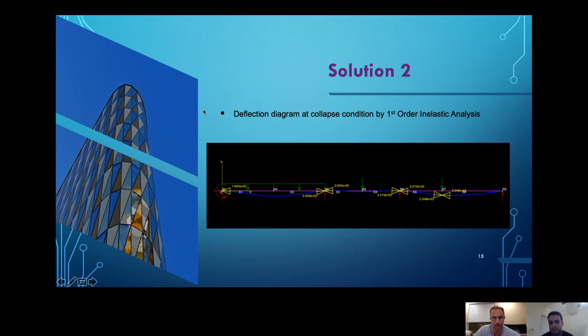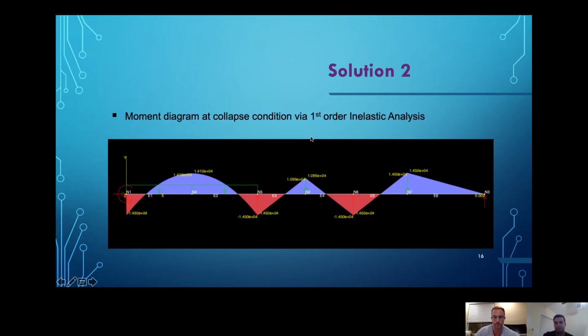Here is the deflection diagram at the collapse condition by the first order inelastic analysis. And of course, these little yellow triangles or bow ties represent the hinge locations. So again, you see the 162 at point A, 205 at point C, 221 at point E, and 234.8 at point F. And this is the moment diagram at the collapse condition created by the first order inelastic analysis.